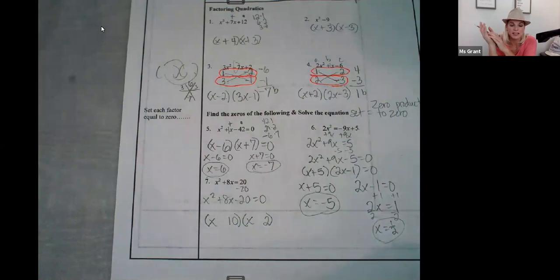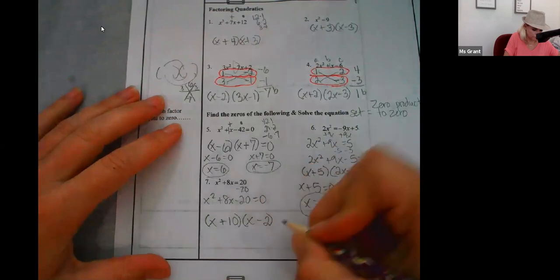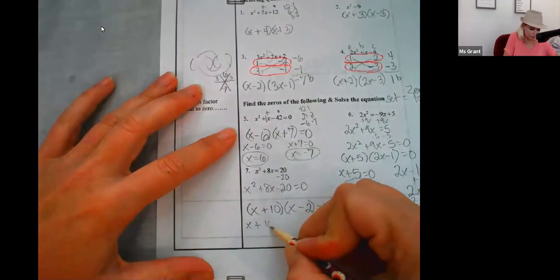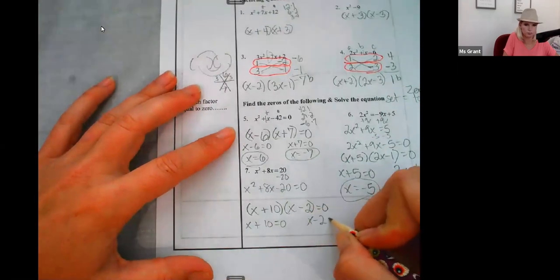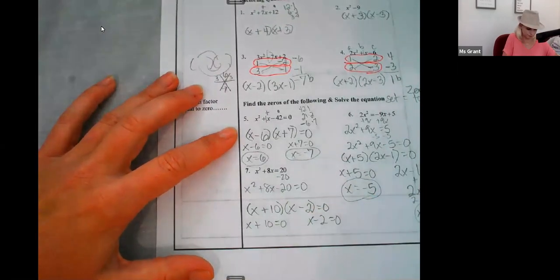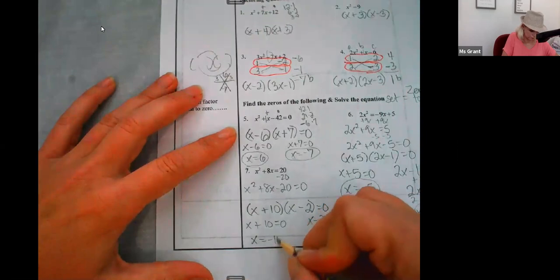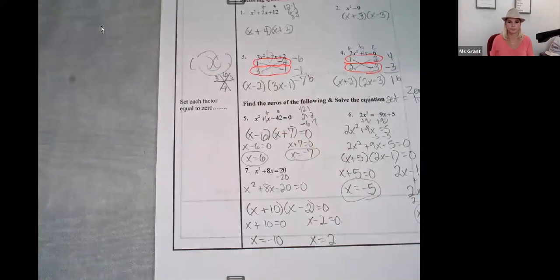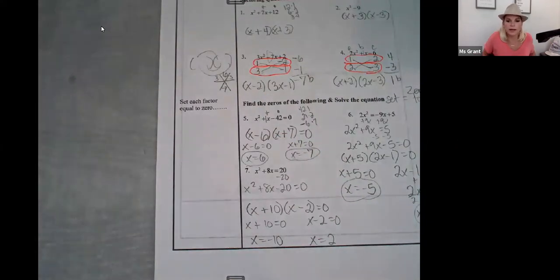Positive 10 minus 2 makes a positive 8. So set them both equal to 0. Solve for x. And there we go.